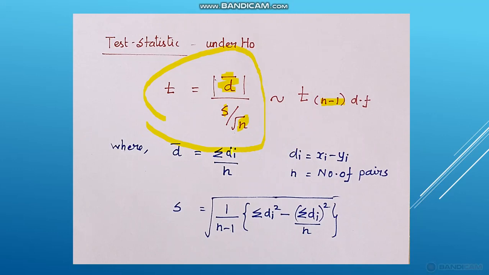D bar is the summation of d by n, and d is xi minus yi. The sample standard deviation is the root of 1 by n minus 1 into summation of d squared minus summation of d the whole squared divided by n.